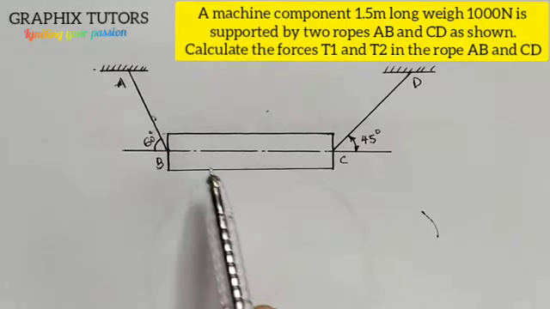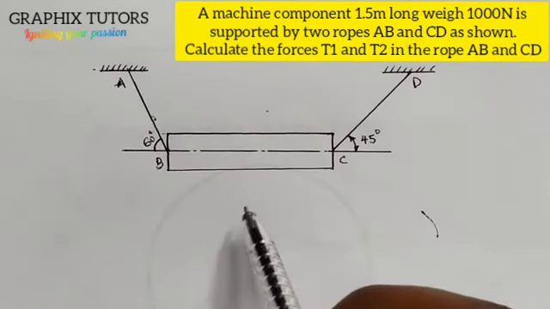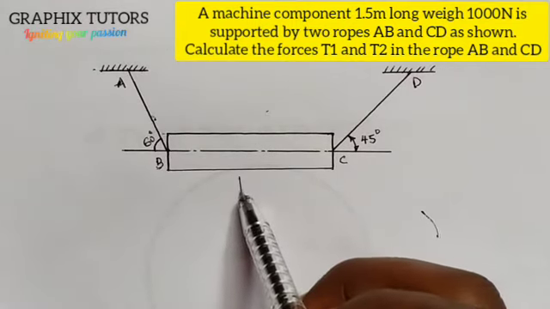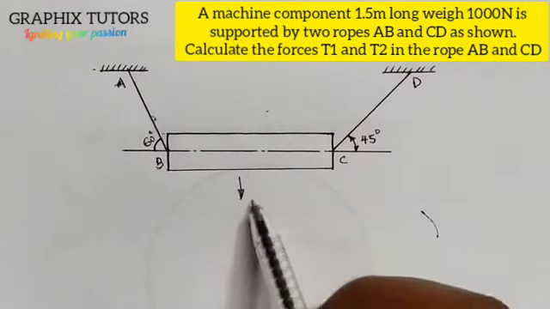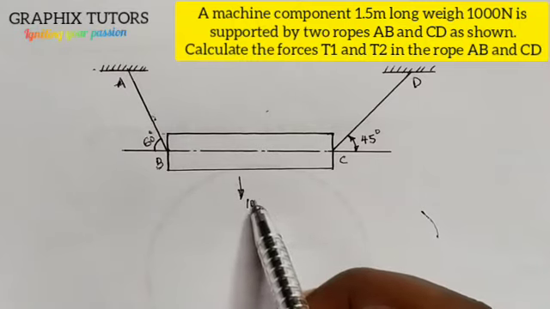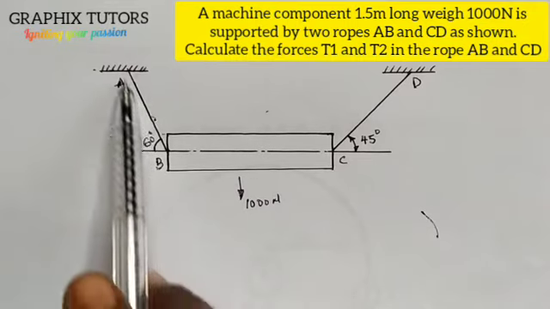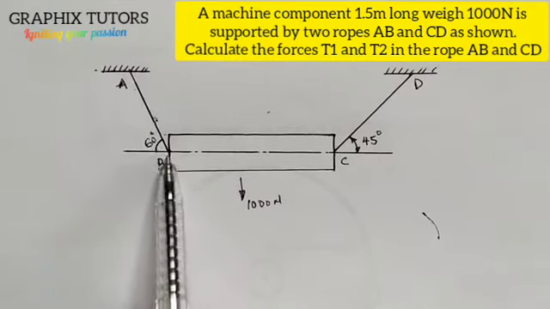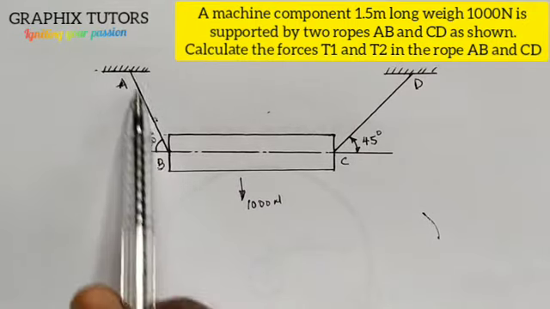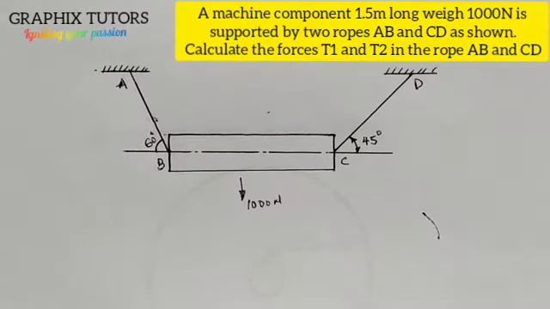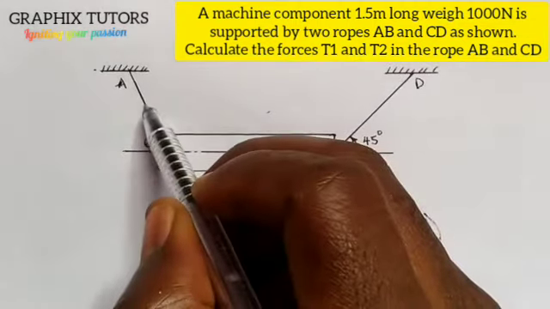Now due to the weight, which we are told is acting downward, right? Weight will always act downward and is 1000 Newton. There will be a force as a result of the tension on the rope, trying to keep it stable. So we see there will be a tension at this point.